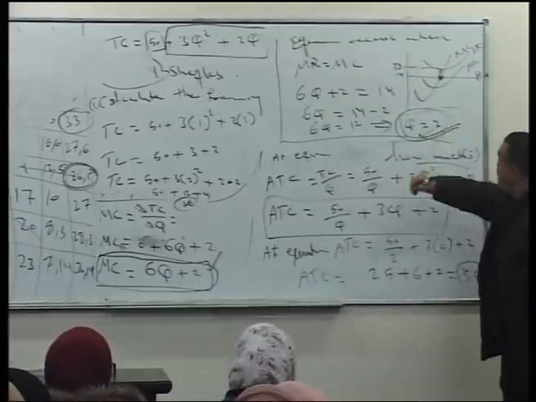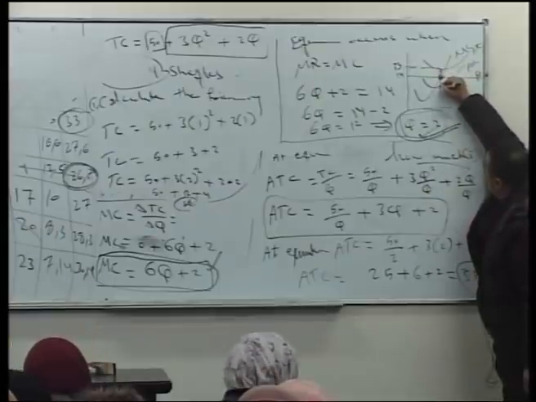This is at equilibrium. Now at equilibrium how much is AVC?